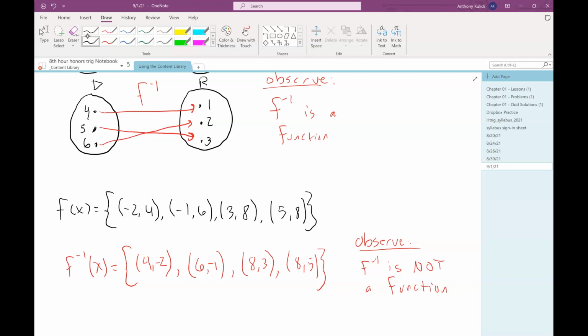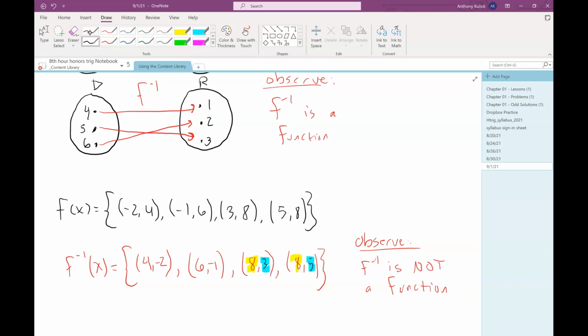Luke? Because I have 8 that goes to 2 different places, right? Repeated x coordinate is basically all we had to look for there.